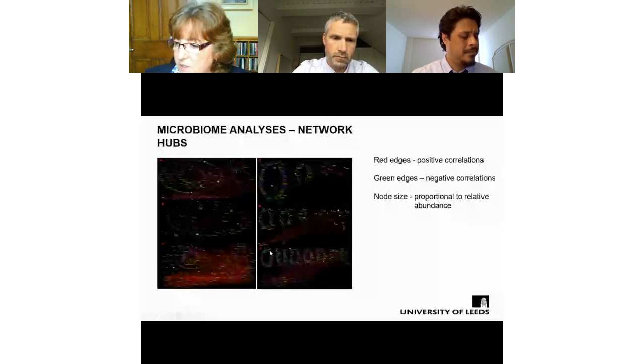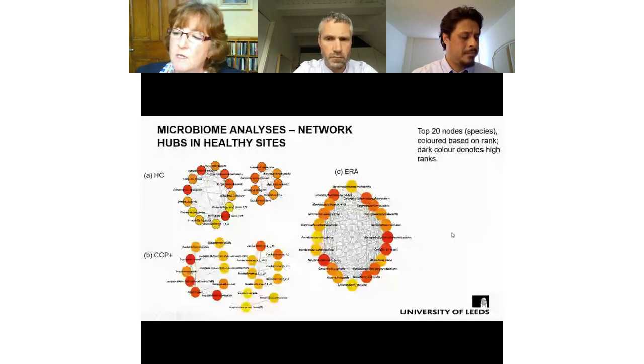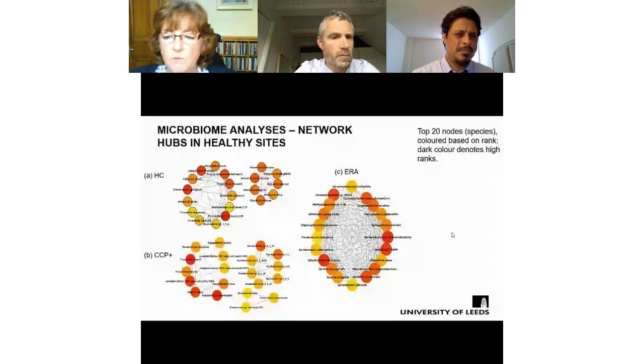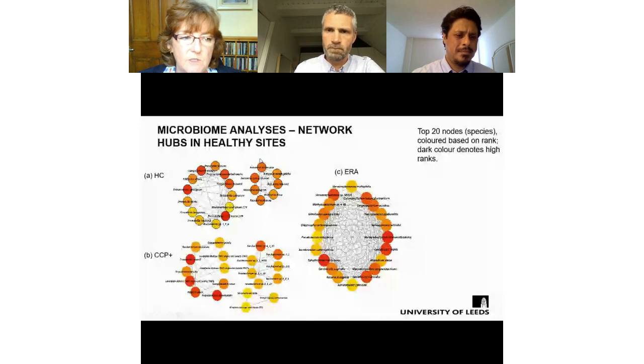So each of these dots is a node, and that represents a species and its abundance. These were analysed to get a better understanding, looking at them in terms of the top 20 nodes that were ranked, and they're displayed here for each of the groups of patients.